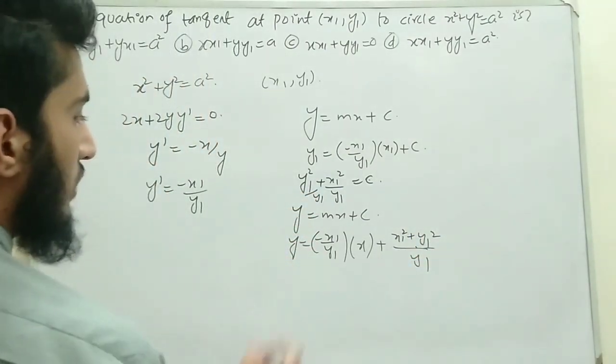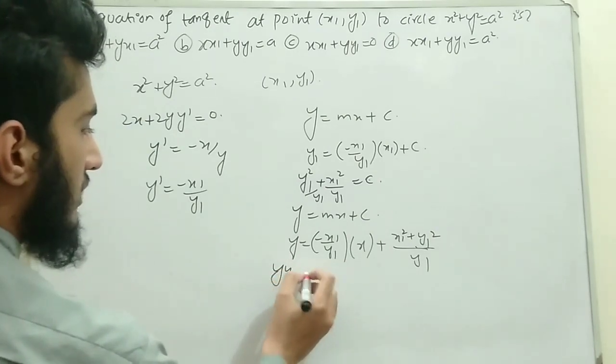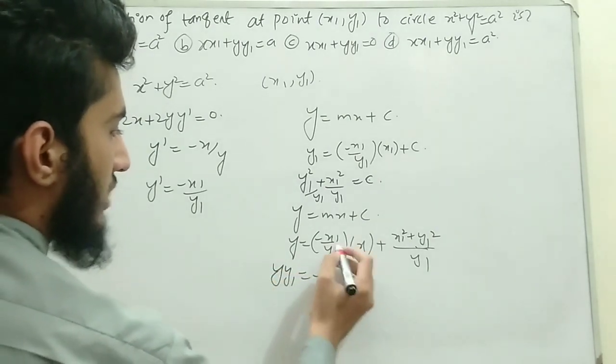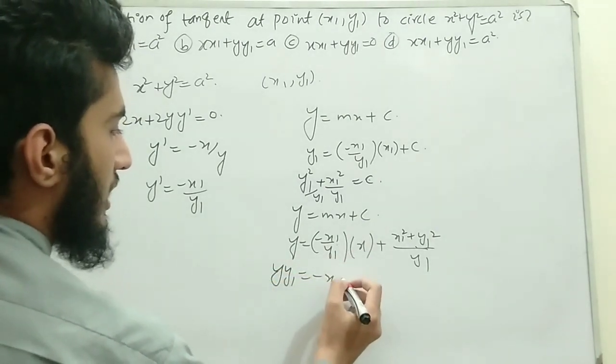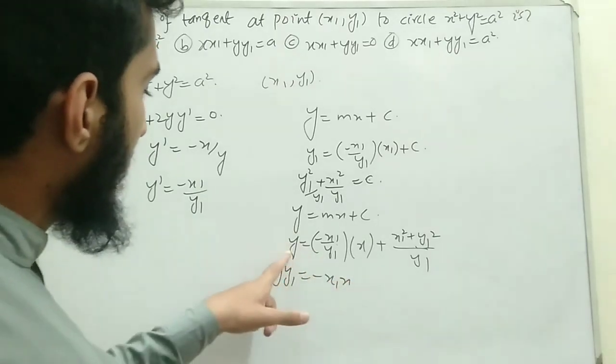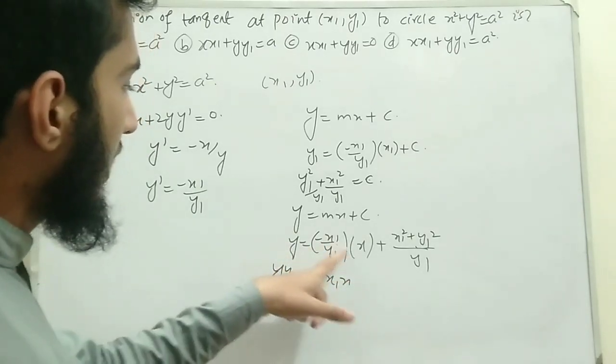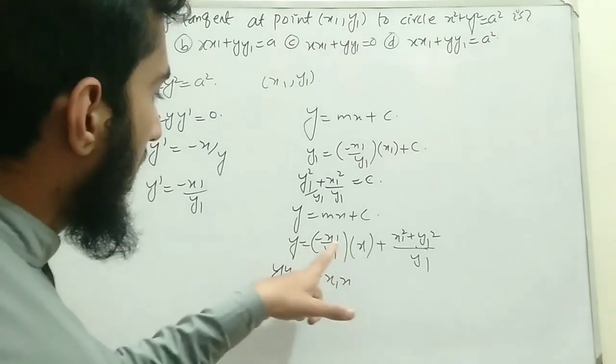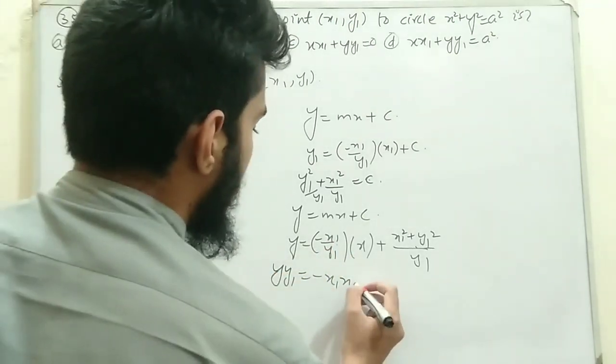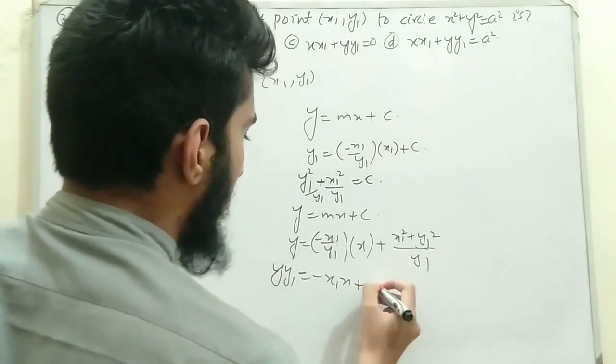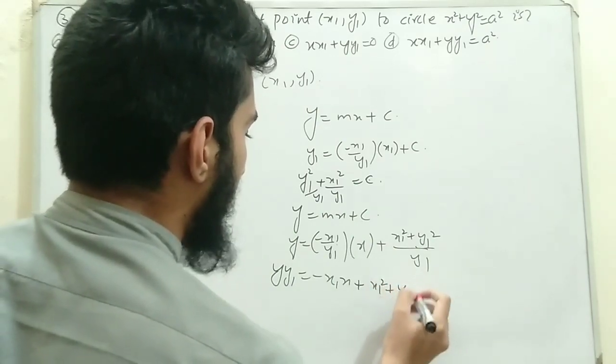Now multiply y1 to both sides, it becomes y1 y is equal to minus x1 x, and plus x1 square plus y1 square.